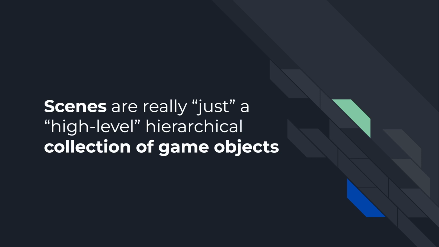Now, what representation that takes, we're not going to worry: is it an array? Is it a linked list? Is it a tree? Newsflash, it looks like a hierarchy, so chances are it is a tree of some sort. We don't have to worry about that. We just have to know it's a collection. It has this hierarchy. It has some sort of base, and then it has all the stuff that are in it, and maybe those have child objects, and so on, right? So we have that wonderful collection that forms our scene.